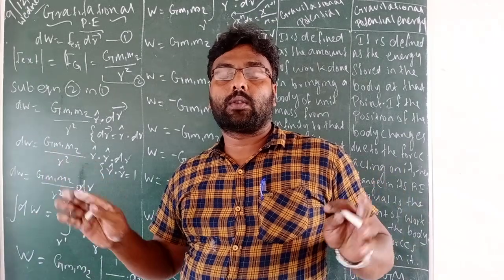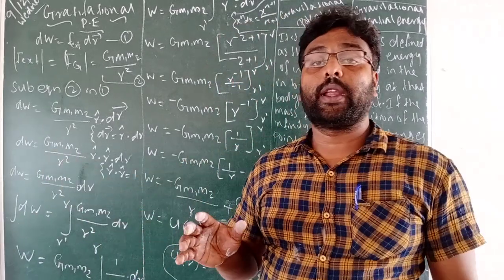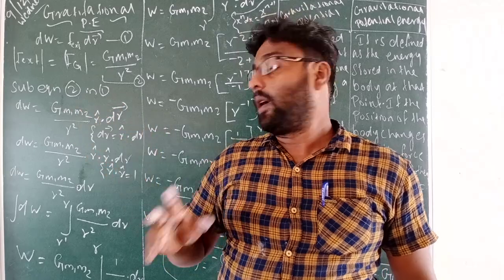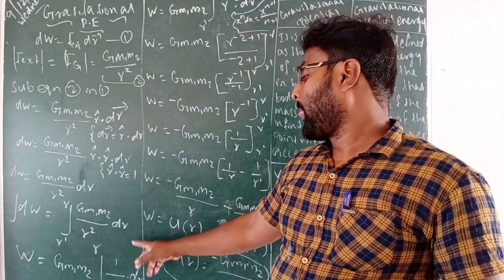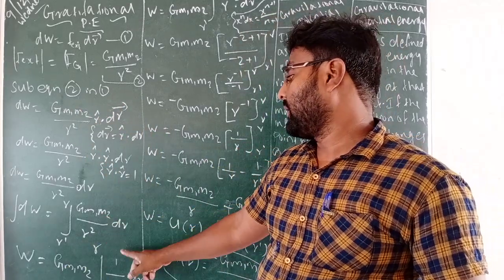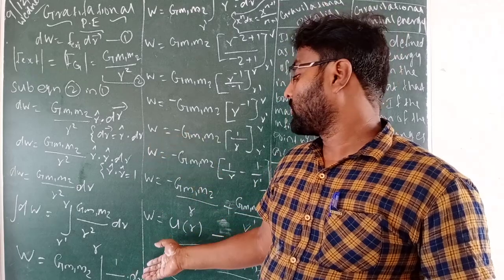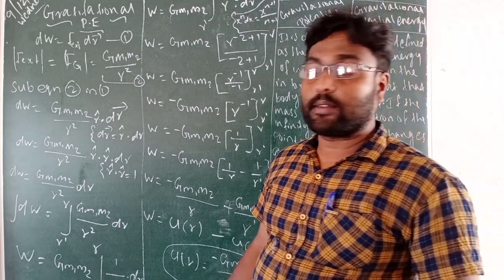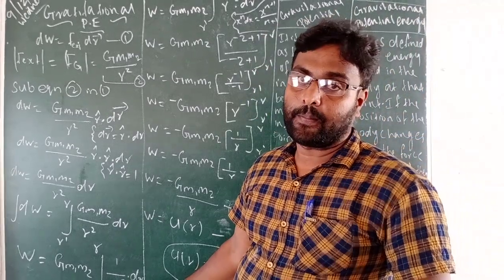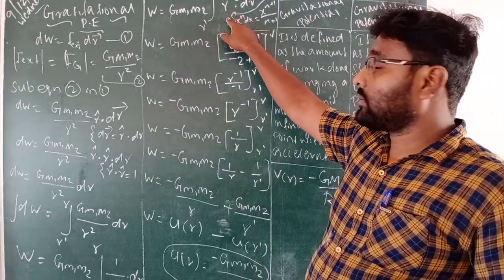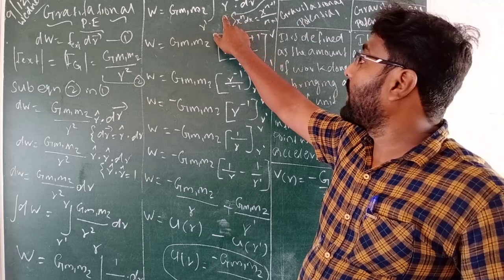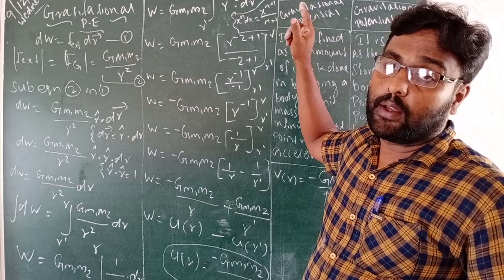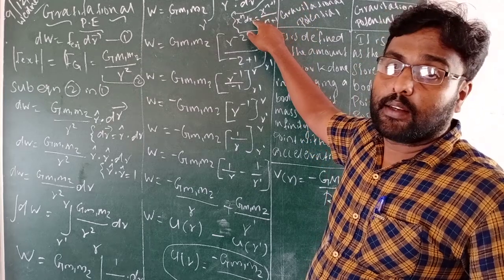Now we are finding the total work done to bring the mass M2 from the distance R dash to R. So we are doing the integration. GM1M2 is common, take it outside. Now we are integrating 1 by R square dr. So 1 by R square you can write in the form R power minus 2, for our integration easiness.